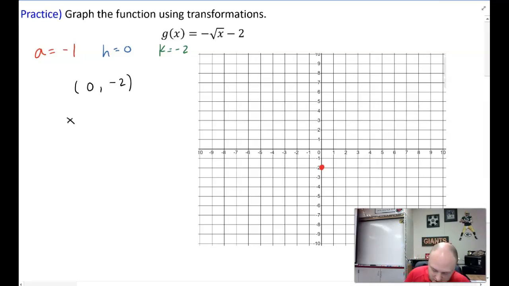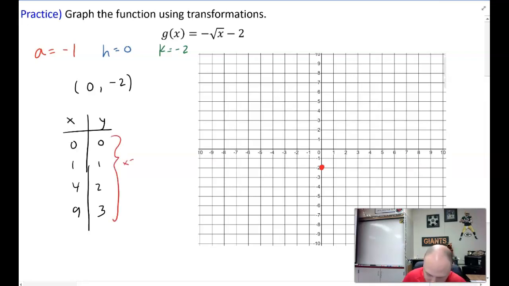And then your chart: x, y: 0, 0; 1, 1; 4, 2; 9, 3. All of these values are going to get multiplied by -1. So the 1 becomes down 1, the 2 becomes down 2, and the 3 becomes down 3.